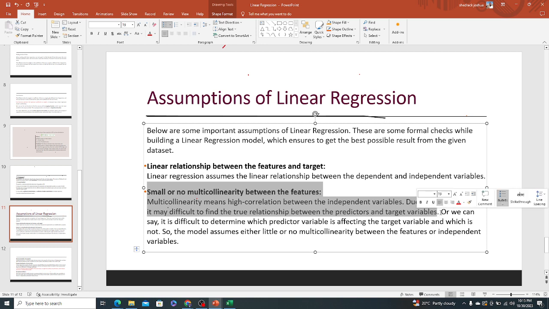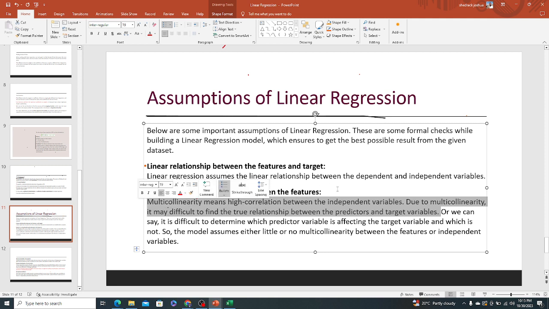Of course, we have that aspect of prediction. Why? Because if you are working with more than two variables, you will not be able to know which variable is majorly affecting your output and which one is not. It will be difficult for you to determine which independent variable is affecting your output. This is the disadvantage of multicollinearity.